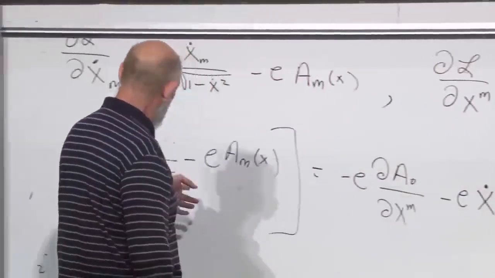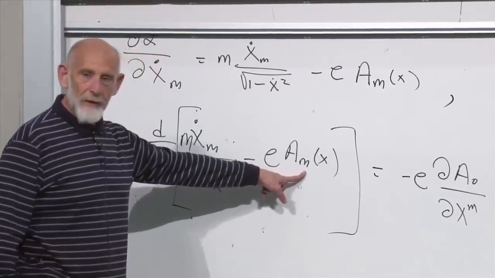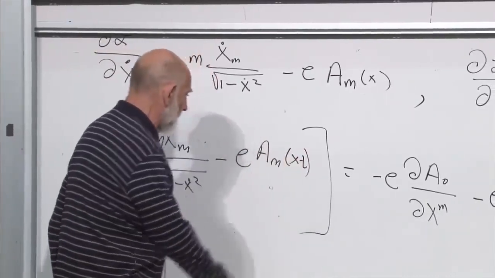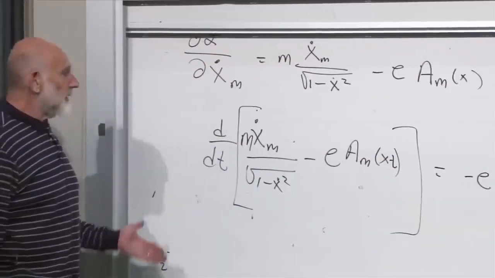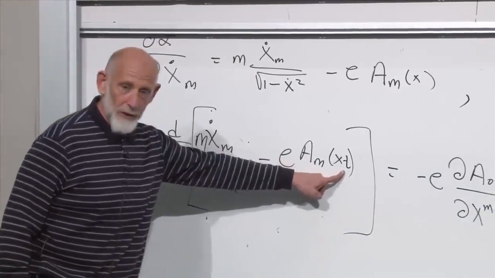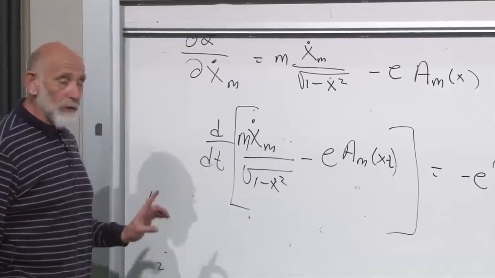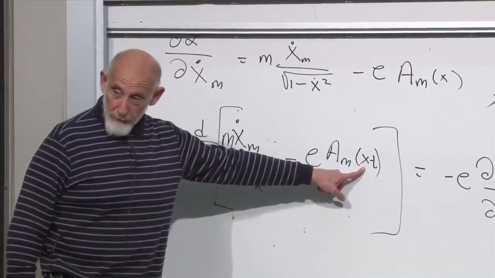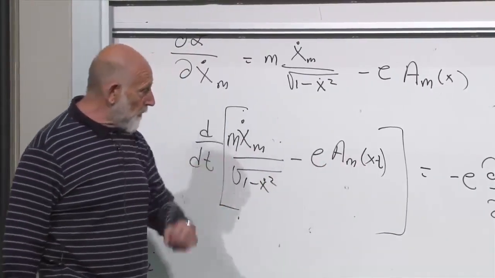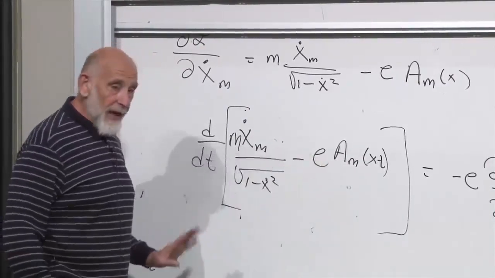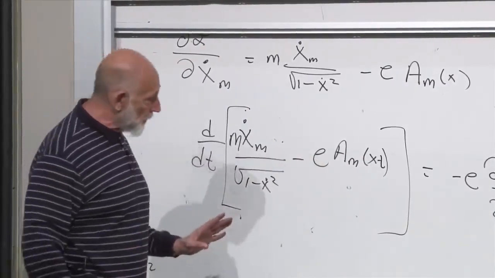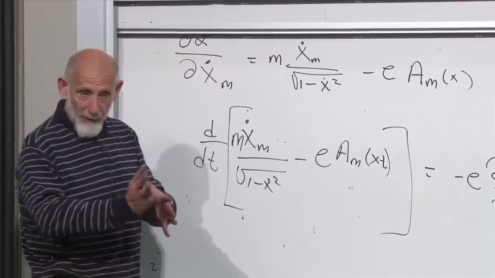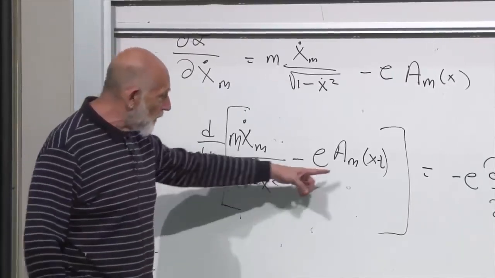Now, how do we differentiate this thing with respect to time? It may depend explicitly on time, but even if it didn't depend explicitly on time, it still wouldn't be constant. Why? Because the position of the particle is not constant. The position of the particle is moving, and so even if a sub m only depended on position and not on time, as it tracks the particle, as it follows the particle, it would depend on time.